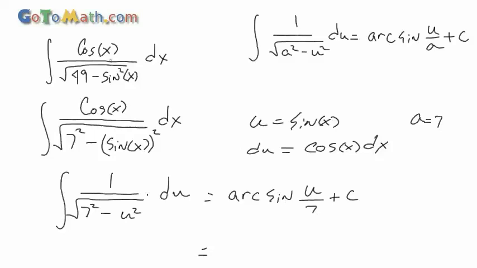We want everything back in terms of x, that's what we started with. So we end up with arc sine of sine x over 7, with parentheses this time, plus c.